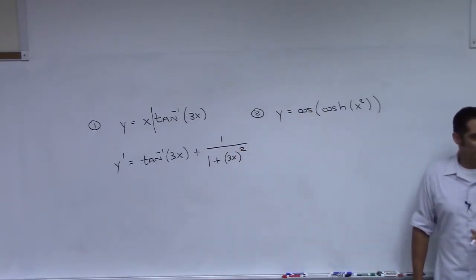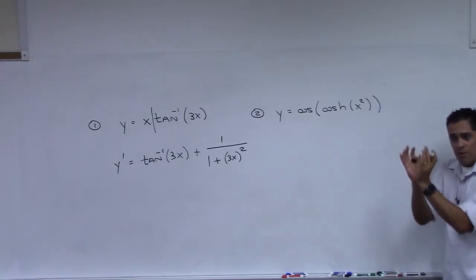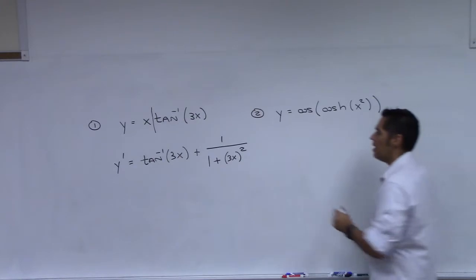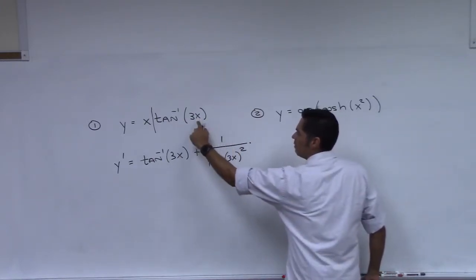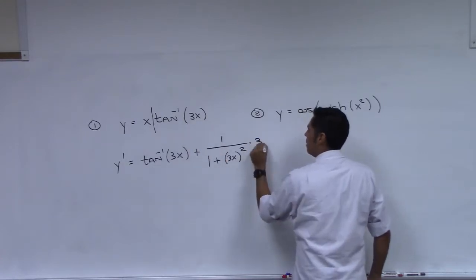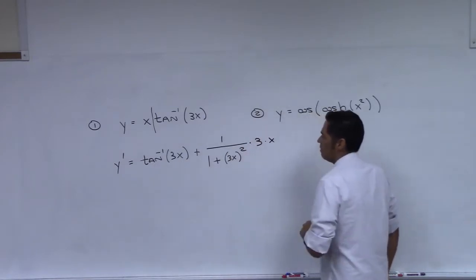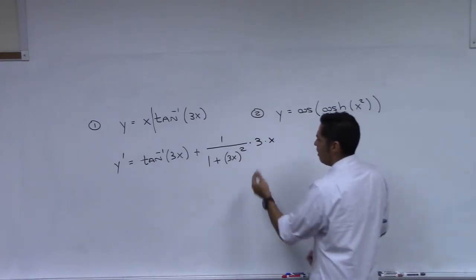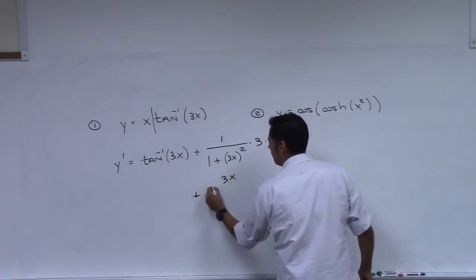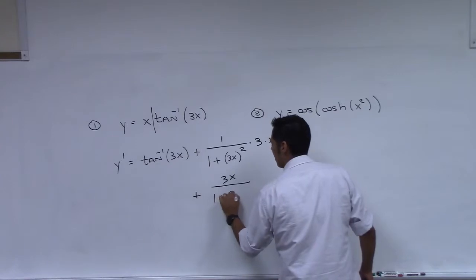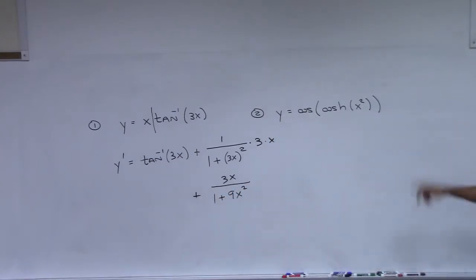Burn that into your memory: the derivative of arctangent of something is 1 over 1 plus whatever that argument was squared. And then you have to finish up. You're not done, right? You have to take the derivative of 3x, which is 3. And you're still not done. You have to finish the product rule, x. Okay, I'll clean it up. That stays the same, and this is 3x on top over 1 plus 9x squared. Okay, that's it for that one.